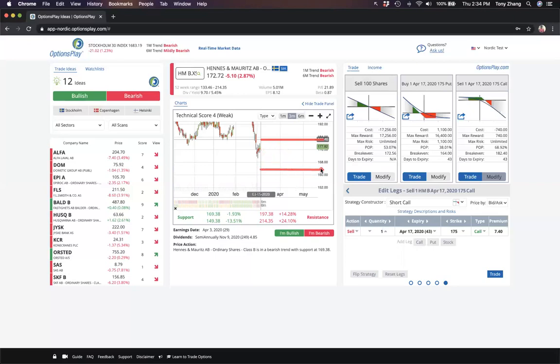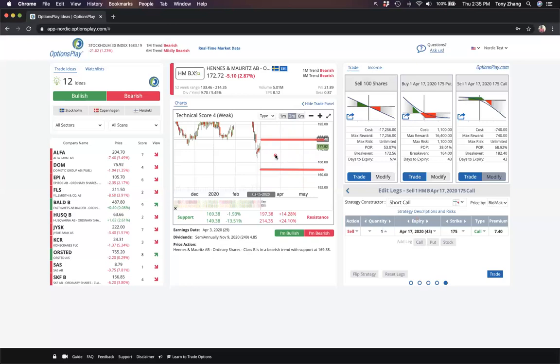And as a call seller, I just need the stock to stay somewhere in this range. It doesn't matter whether it goes down here. I make money in all of these possible scenarios. The only time I lose money is if the stock takes off. Okay, so I just want to make sure everyone understands that from a visual perspective when we're thinking about buying a put versus selling a call option.